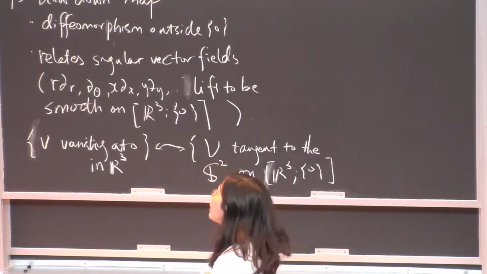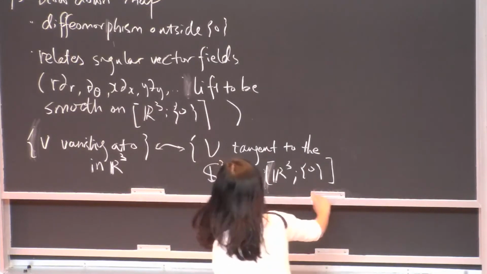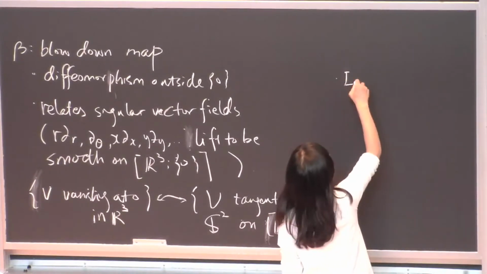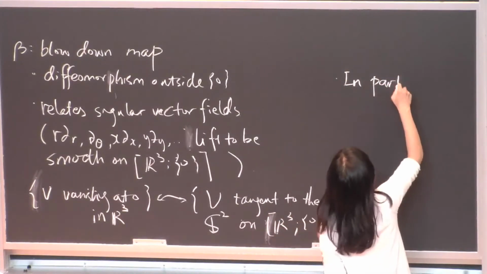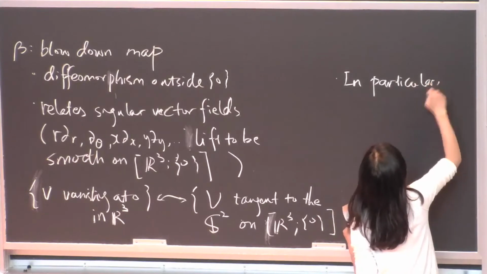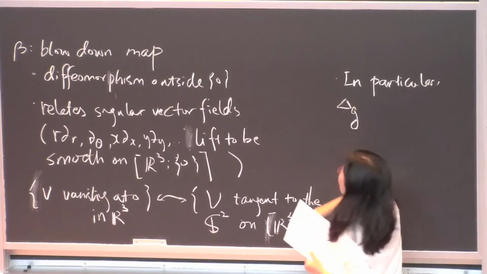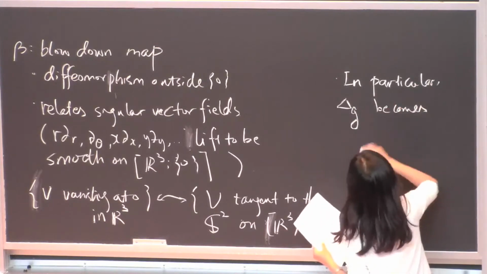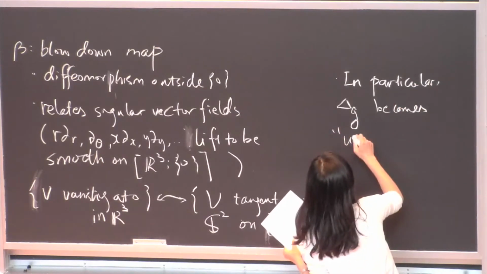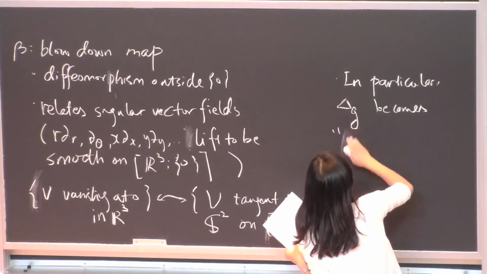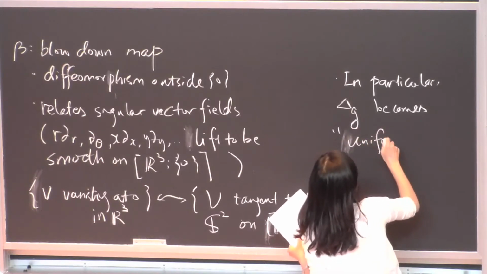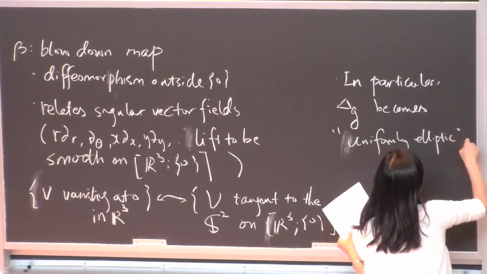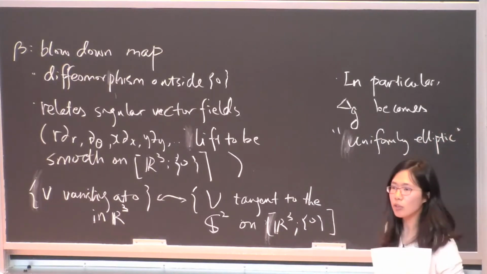And what's nice about it is that, in particular, this Laplacian becomes nice in the sense that it becomes elliptic, or uniformly elliptic, on this new space.